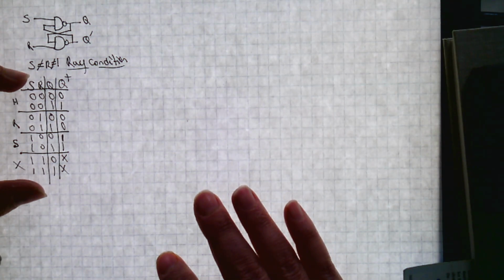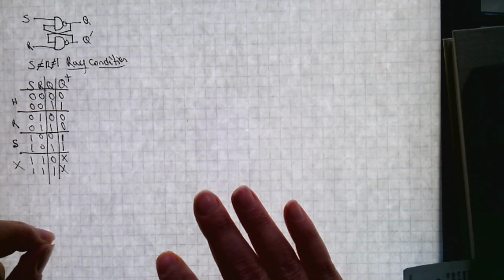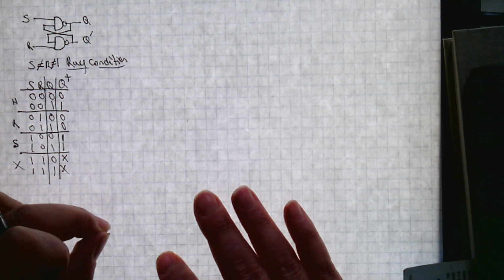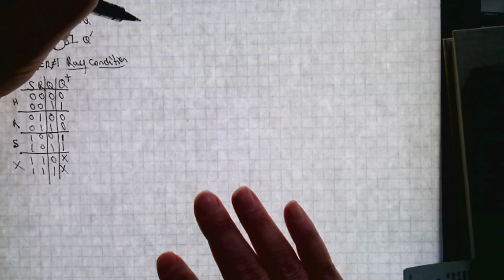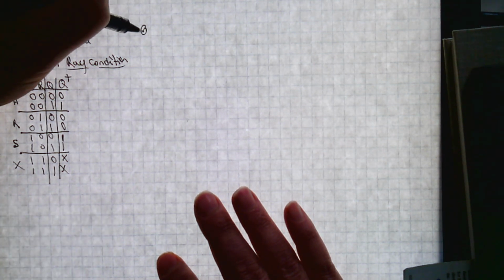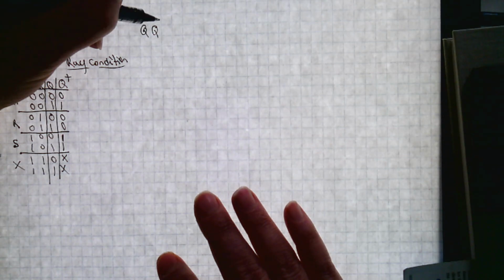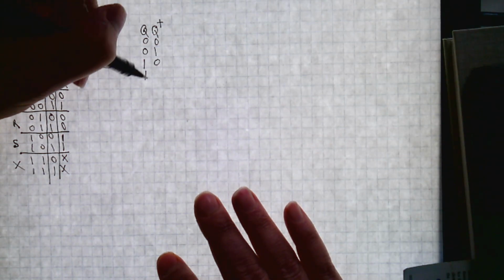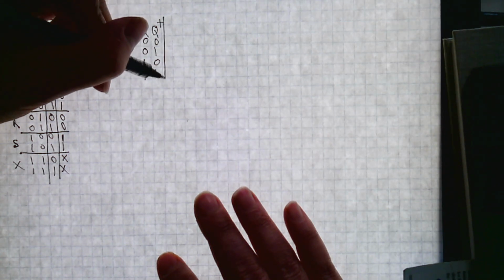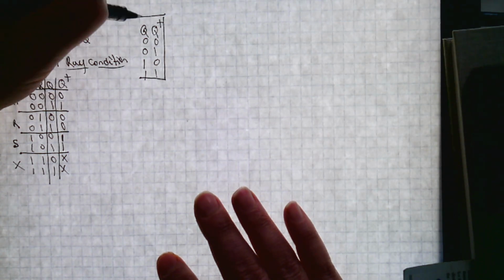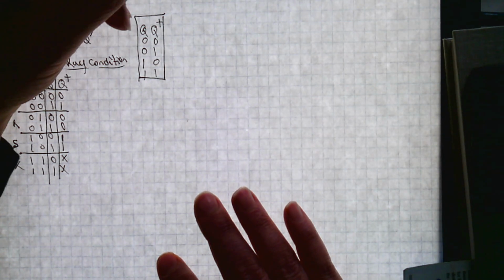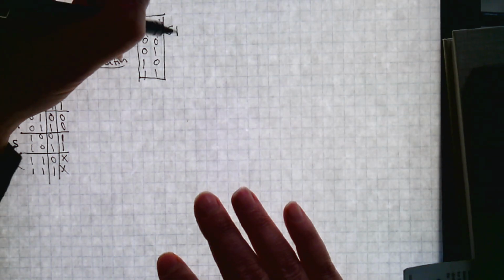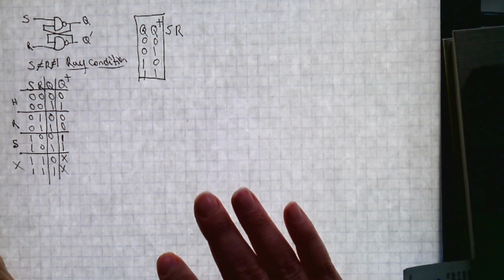The excitation table says, what do I need for S and R in order to make the transition from one Q state to another Q state? So we'll say if I want to go from Q to Q plus, all possible transitions, I should be able to write out what S and R need to be in order to make that happen.